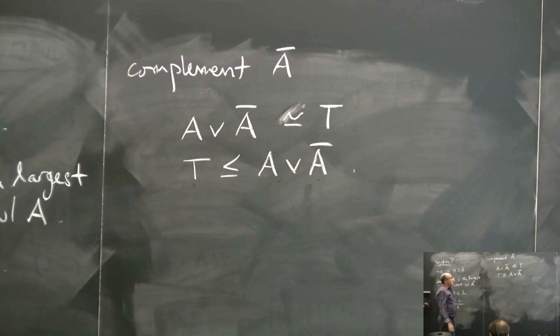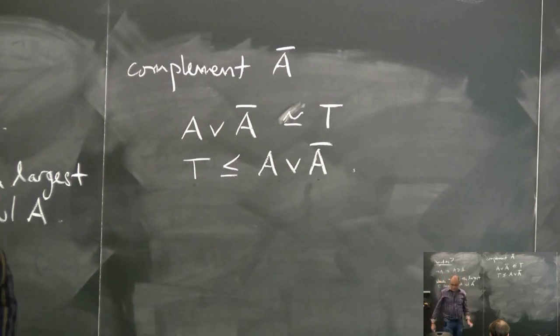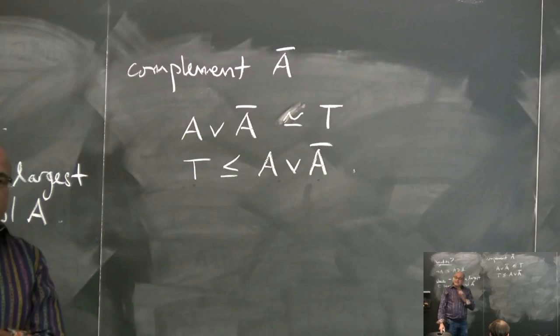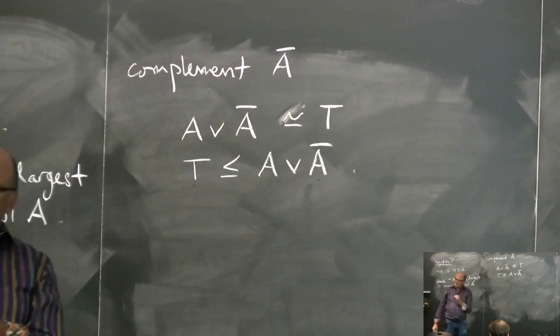Okay, so a complemented distributive lattice is a Boolean algebra. That's what I was going to say before. A complemented distributive lattice is a Boolean algebra, and such things have exponentials.